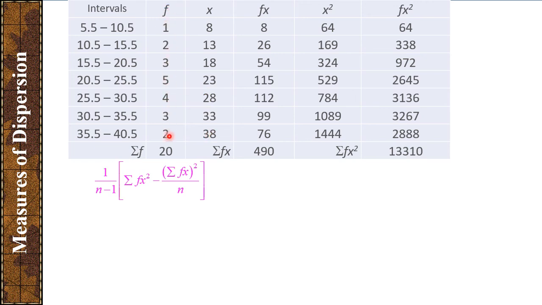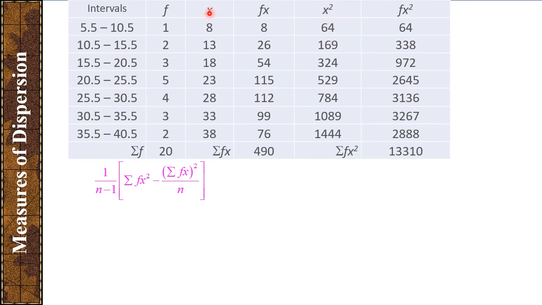The frequency is already given. So we just multiply f with x and then we get fx. Below here we sum all of this fx, so we got the sum of fx. This 490 we substitute inside the square here. Then notice outside here, we have to find the sum of fx squared. To make it easier, why not put a column for x squared.